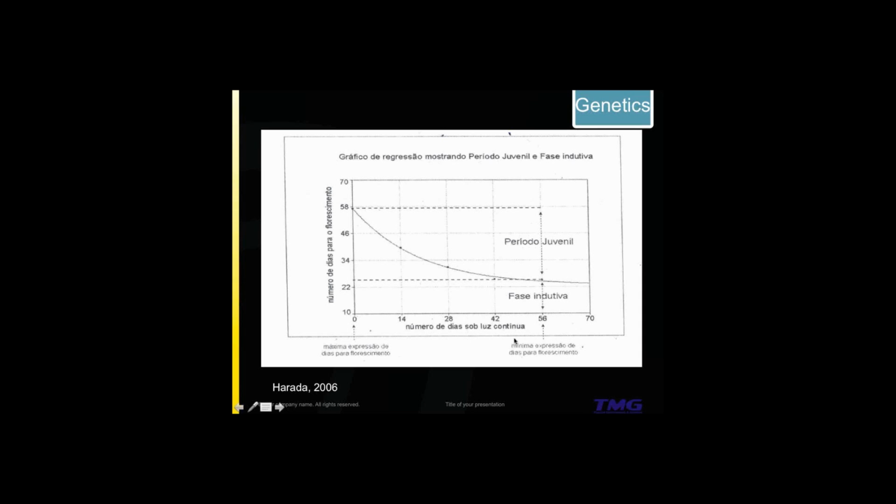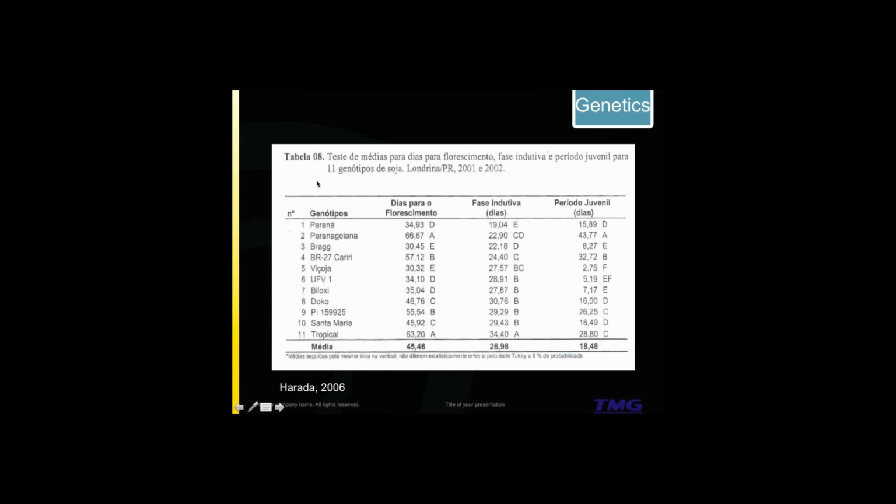Okay, so he did that, and he was able to measure for different genotypes here, and this, I apologize, is in Portuguese, but I can translate here. These are days to flowering, the first column here, and the last column is the juvenile period.